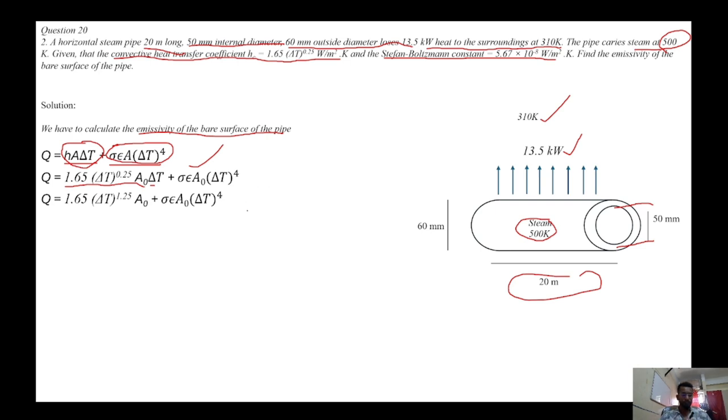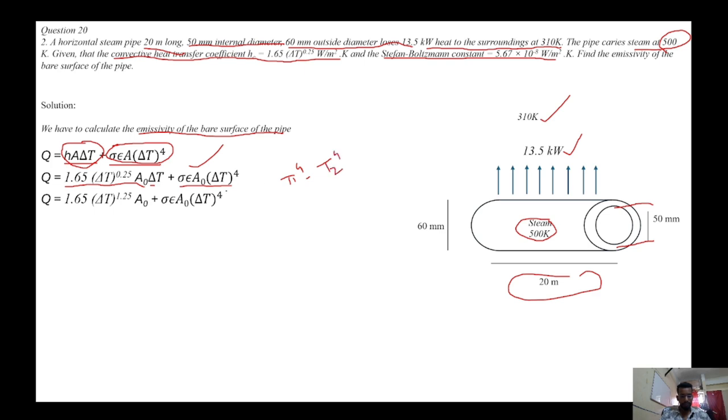So 1.65, and putting all the values, sigma E A naught, del T to the power 4. This del T to the power 4 actually is T1 to the power 4 minus T2 to the power 4.